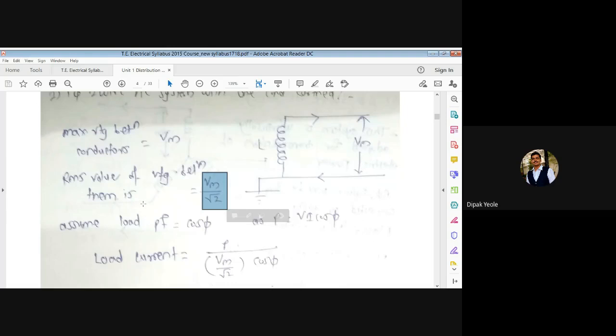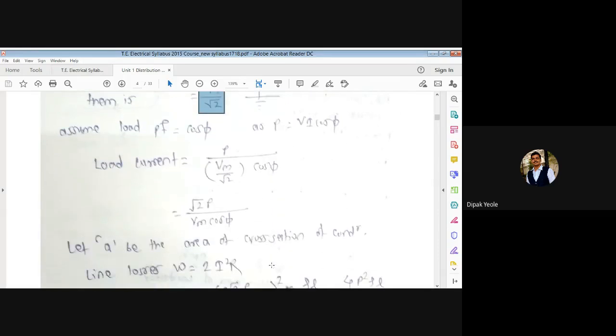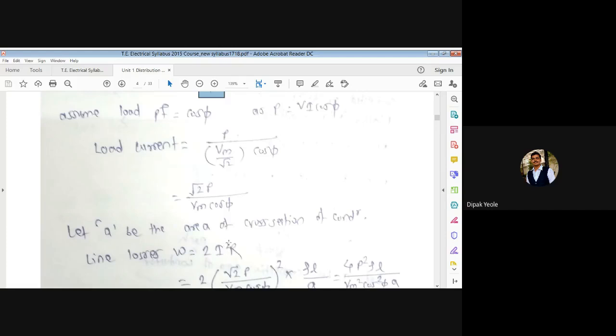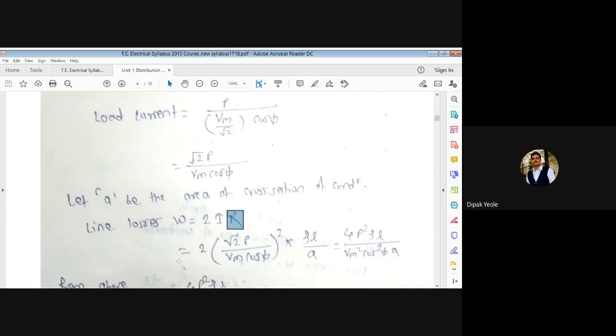After that, whenever there is AC, there is a power factor, cos phi. So the load current I can be P divided by VM divided by root 2 into cos phi. What is the next procedure? The resistance which we are interested in. So we can write the resistance equation as R equal to rho L by A here, or we can write directly the line losses W equal to 2I square R.